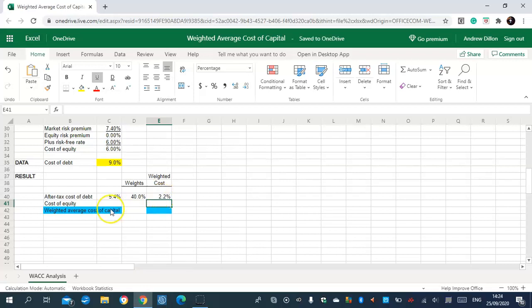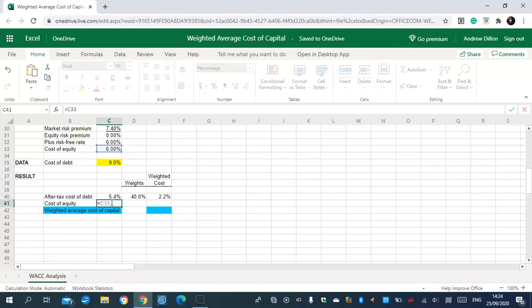to 2.2%. So now we're going to cost of equity. C33, which is cost of equity here. Press enter. Now the weights. C19.